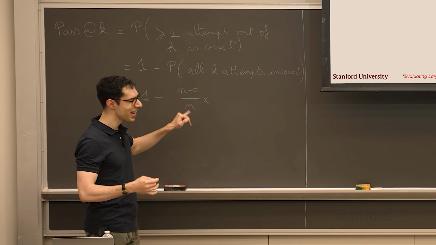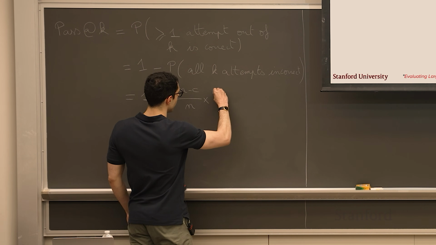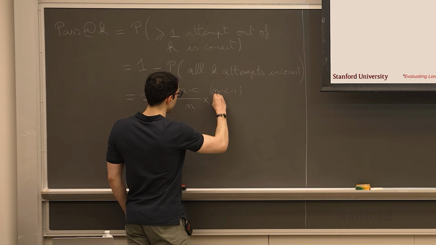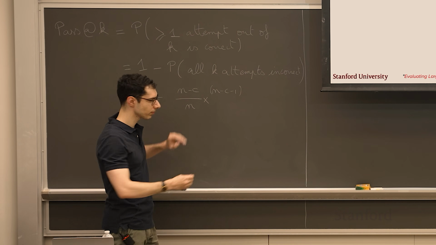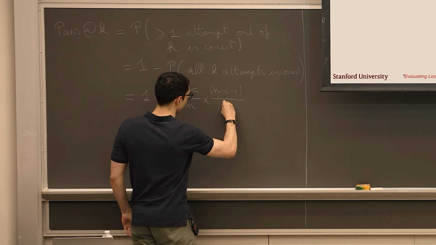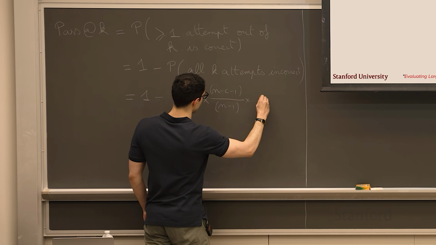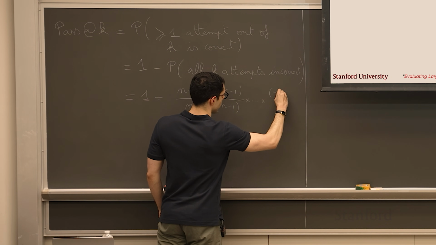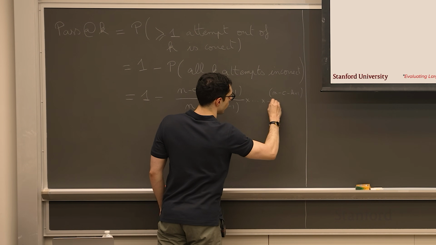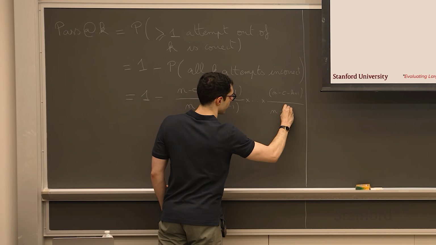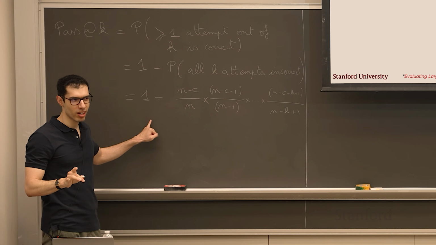So you have n minus c minus 1 other unsuccessful attempts over n minus 1, because you already took 1. And you continue that k times, it's n minus c minus k plus 1 over n minus k plus 1. Does everyone agree with me?